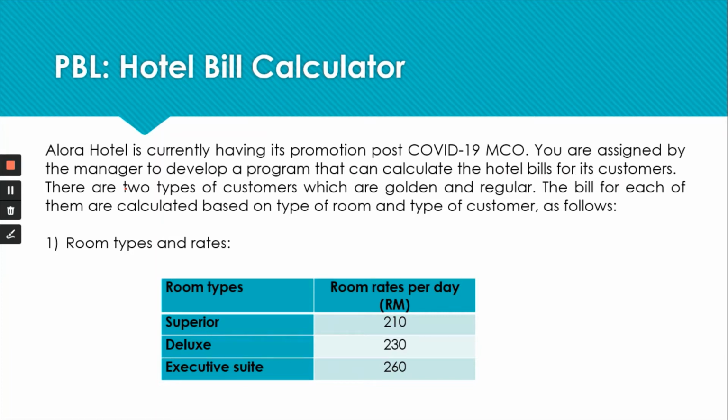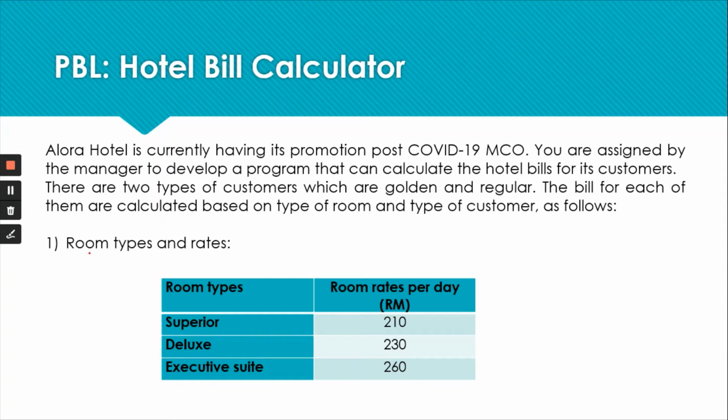This hotel is basically making a promotion because they have fewer visitors, so they want to give discounts to the visitors. There are two types of customers, which are golden and regular. The bill for each of them is calculated based on type of room and type of customer, as follows.